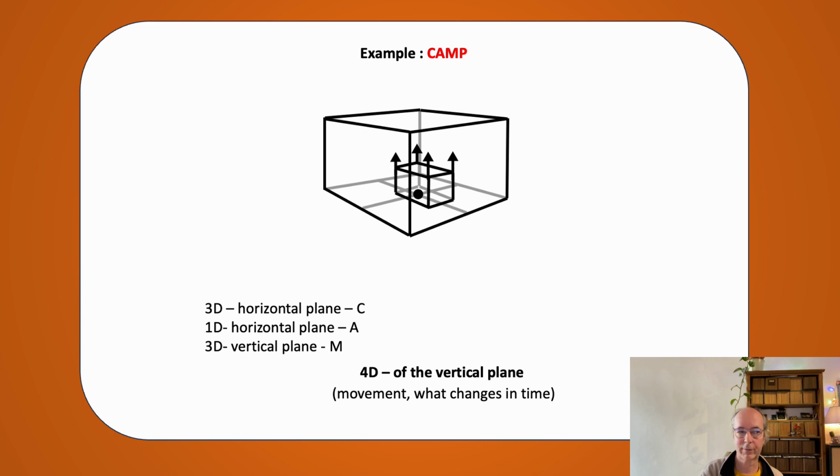And just to keep it very simple, I will have the reference point of movement in time simply as an association with where it is in my system. It's on the vertical plane, so something will move in a time frame in the vertical direction. So the movement is that aspect which changes in time.